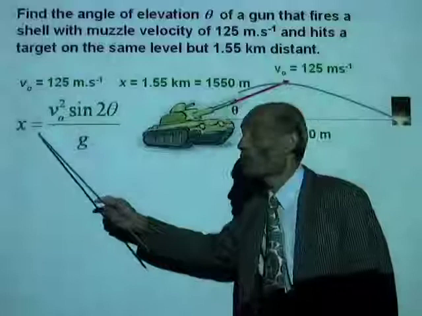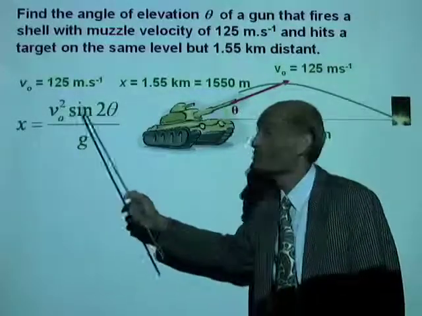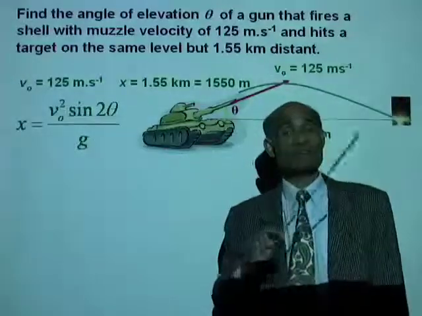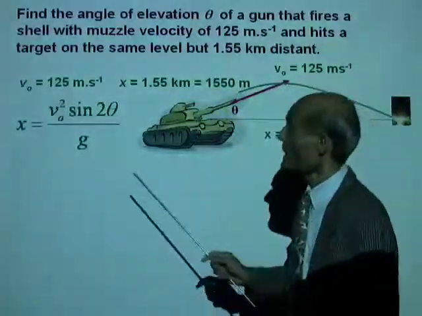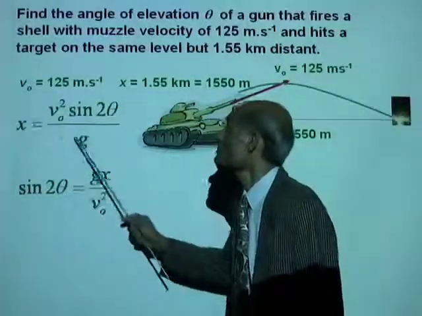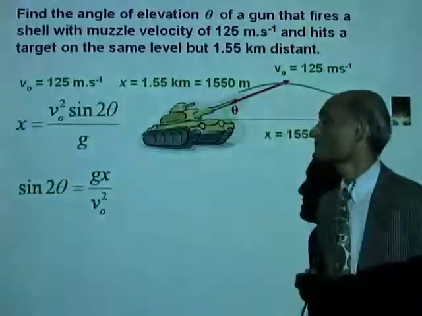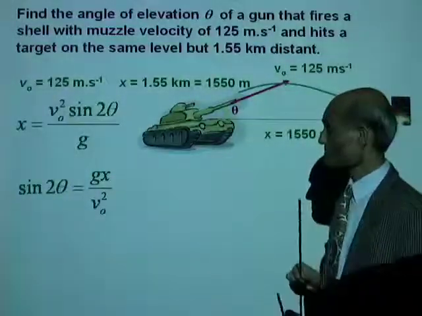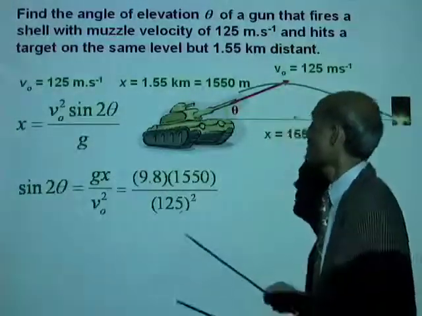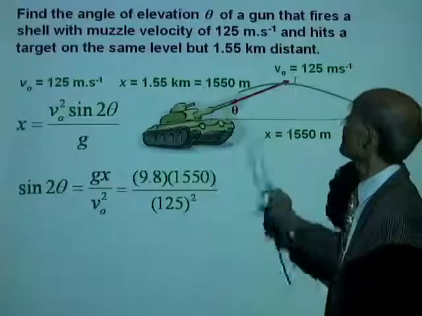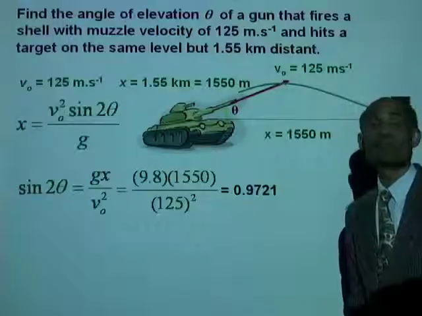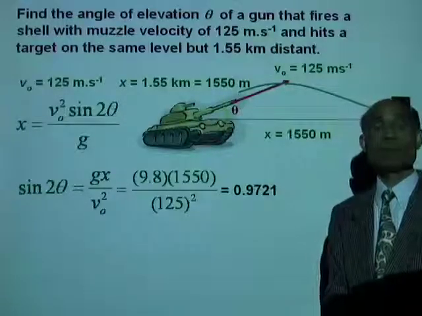Well, you know the horizontal range x equal to V0 squared sine 2 theta over g. We used that in the previous problem. Therefore sine of 2 theta equal to xg divided by V0 squared. Now g we know, x we know, and V0 we know. Therefore, sine of 2 theta equal to 0.9721.